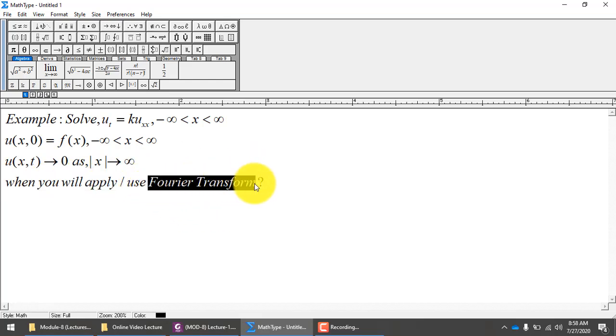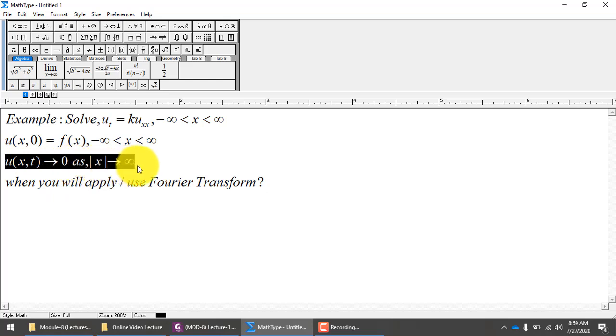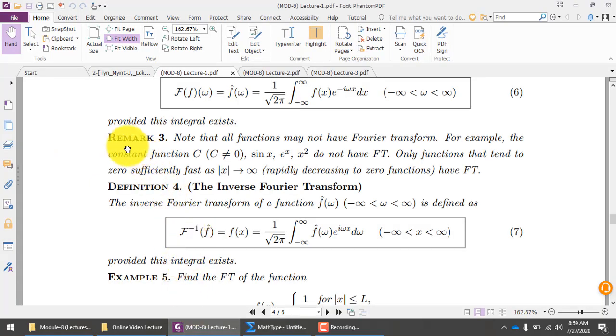So when you will apply Fourier transform, this question produces too much confusion in the mind. So when you have the condition that a function approaches to 0 as x mod tends to infinity, it is the indication that Fourier transform exists, which I have already given you the instinct from that remark.